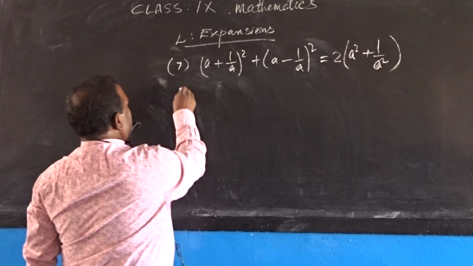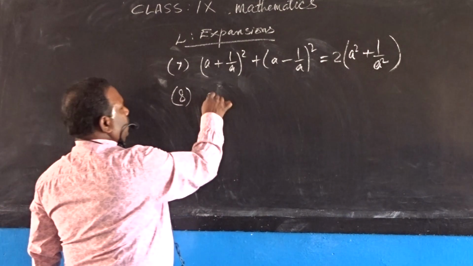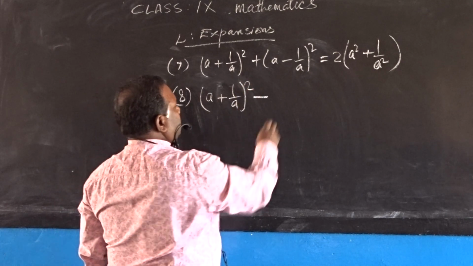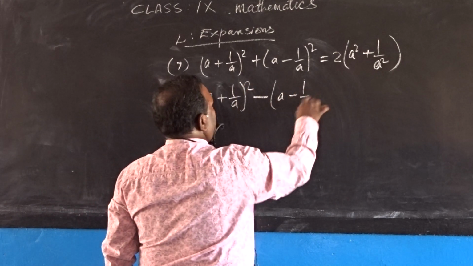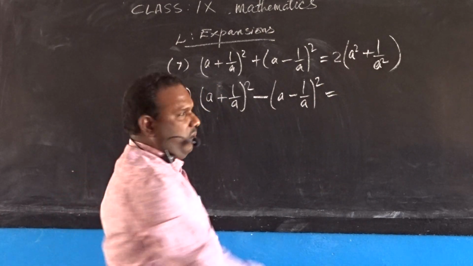Again, let's continue. The eighth equation is (a plus 1 by a) all square minus (a minus 1 by a) all square is equal to 4.